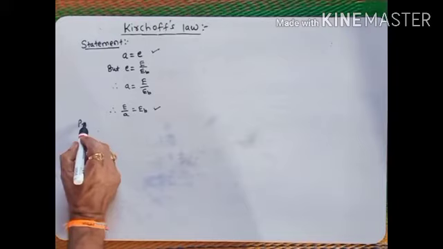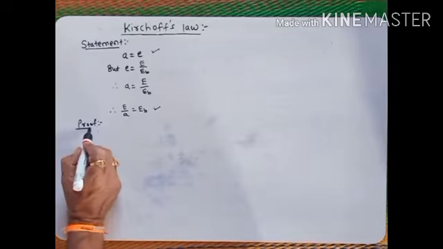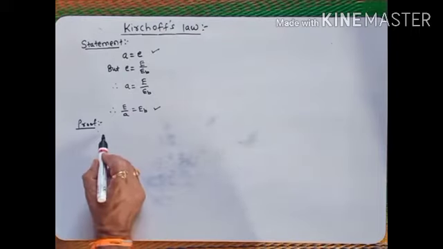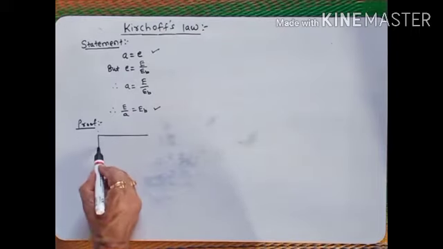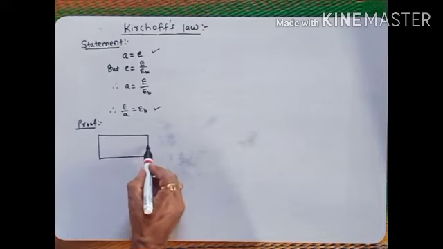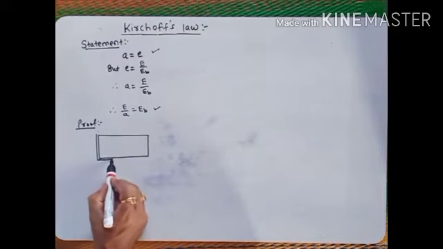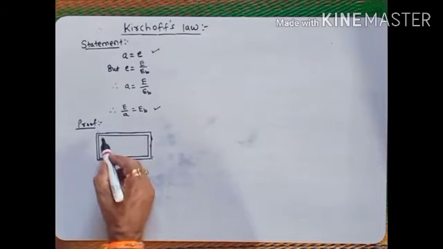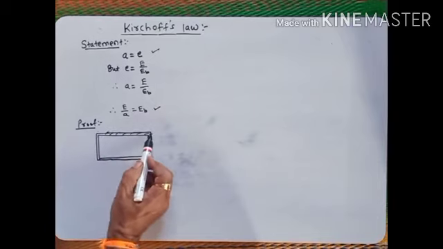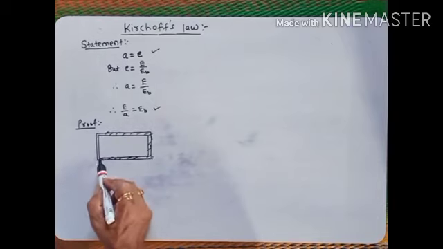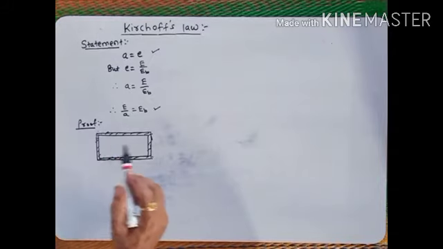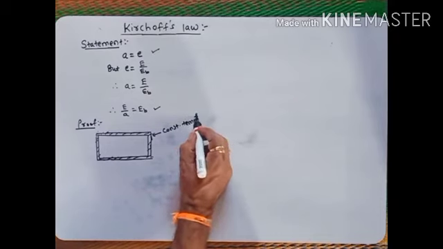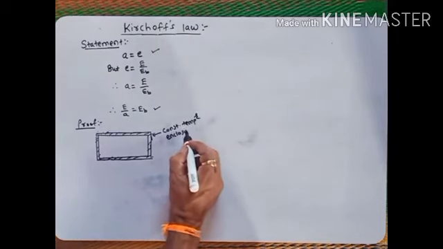Now we are going to see the proof of this. Here we consider a constant temperature enclosure. Suppose this is the constant temperature enclosure, double walled. We call it an isothermal enclosure.